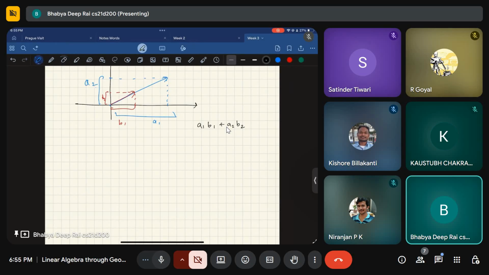So 1 1 and 3 3. If I do 3 times 1 plus 3 times 1, what am I going to get? I'm just going to get 4 plus 4, which is 8.